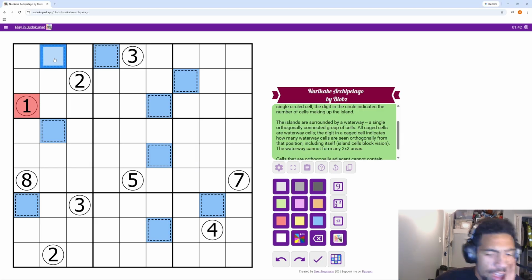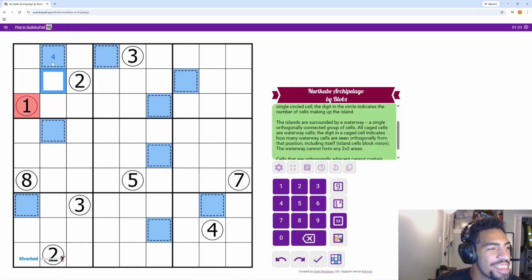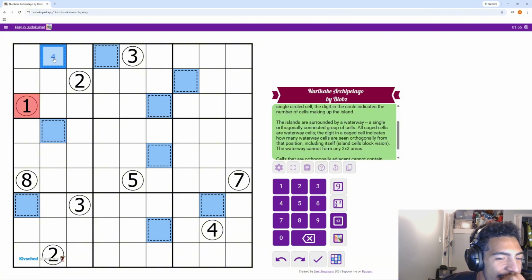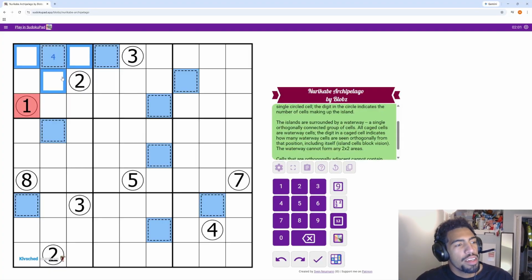So that means that this cell, if it was a 3, then I know that including it, there's... what can't be a 3 by Sudoku, so let's go with that. Let's go. Numbers. So this cell is 4, then it sees 3 other orthogonally connected water cells. Okay.